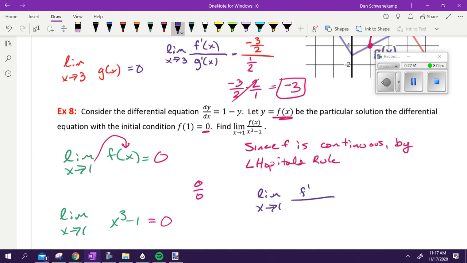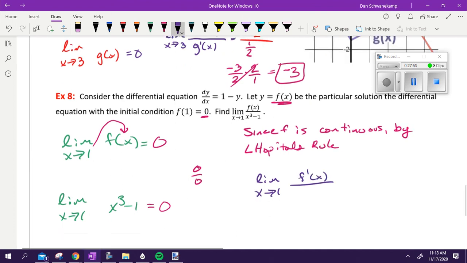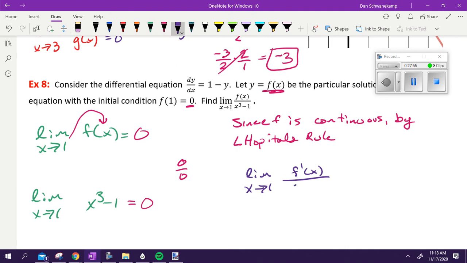On top, the derivative is f prime of x. On bottom, what's my derivative going to be? 3x squared. What could I write instead of f prime of x? 1 minus y, this right here. So it's going to be 1 minus my y value. I'm taking 1, I'm plugging it in. What's y going to be? 0. And on bottom, it is 3. It is 1/3.